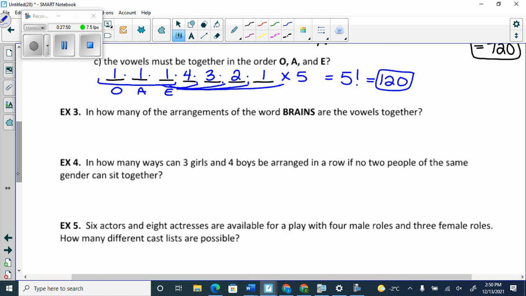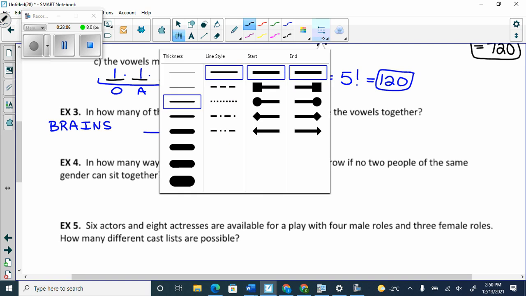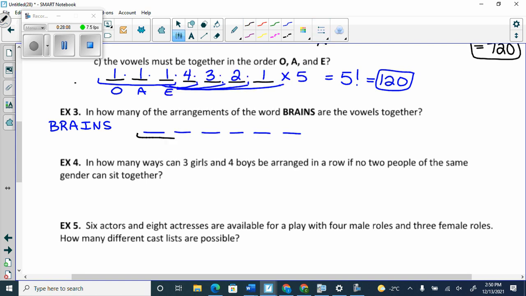How many arrangements of the word brains are the vowels together? B-R-A-I-N-S. This has 6 letters. How many vowels? 2. So I have A-I, 1. How many letters have I used up? 2.